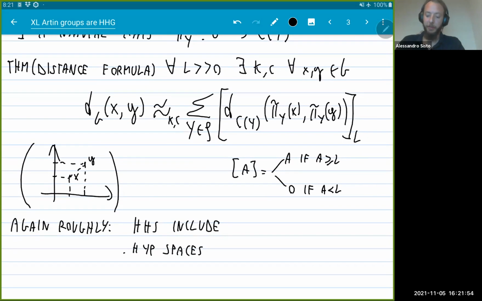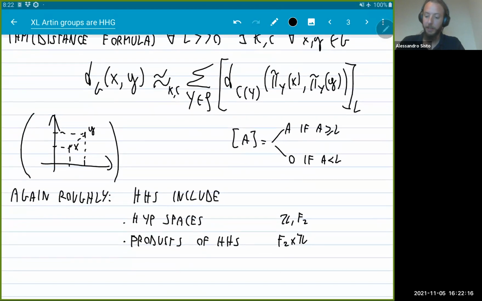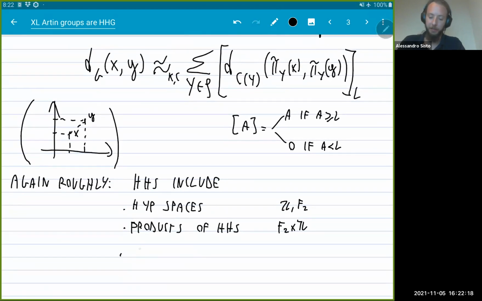So hierarchical hyperbolic spaces include hyperbolic spaces, products of simpler hierarchical hyperbolic spaces, and you should think of Z and F2, so products of HHSs, maybe F2 cross Z. And then the one that's informal is hyperbolic arrangements, is one way of describing it.